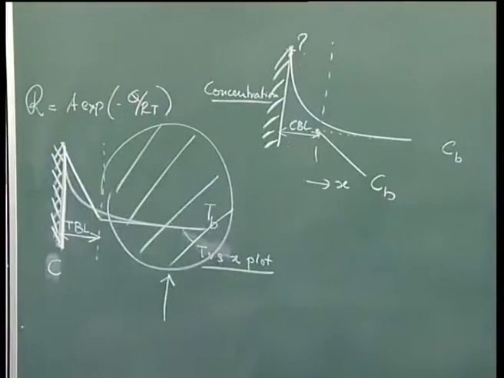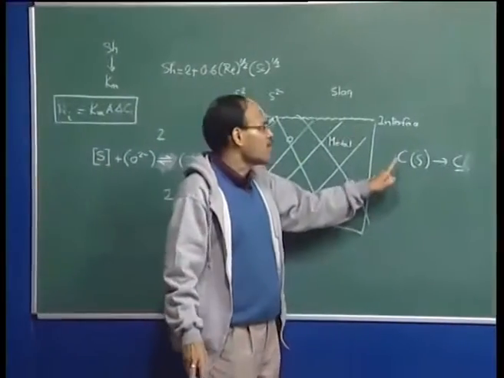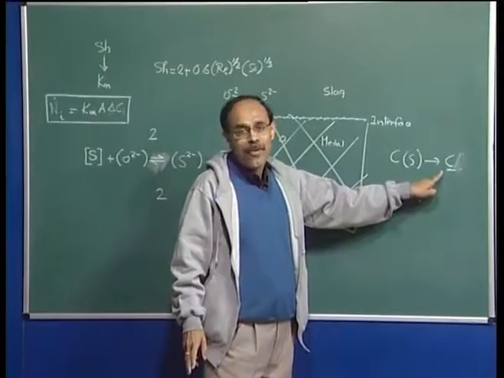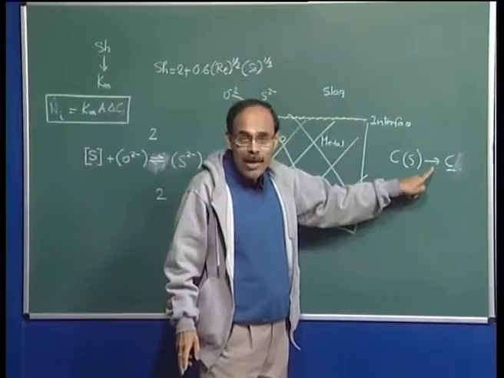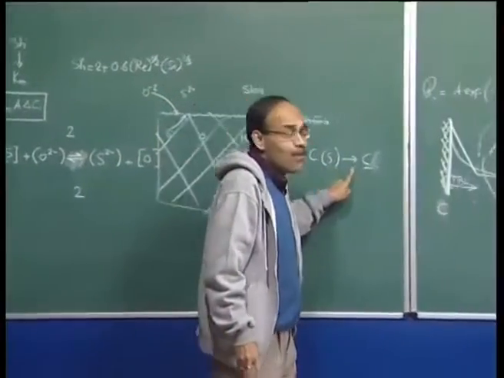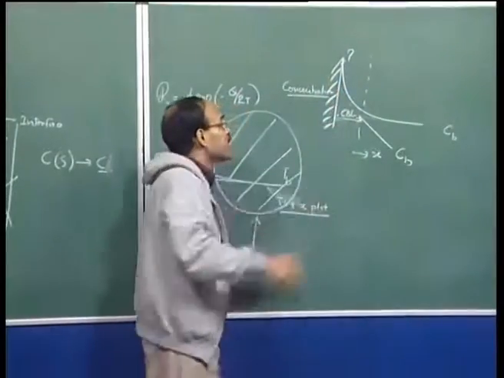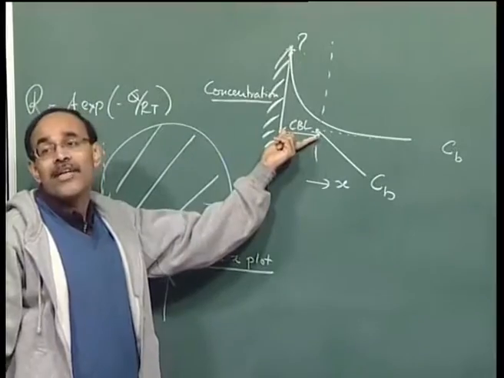I apply my judgment of high temperature kinetics, and if the process is occurring under high temperature, in that case I can say this reaction will be close to equilibrium, and therefore the rate of mass transport is going to be dictated totally by the transport through the boundary layer itself.